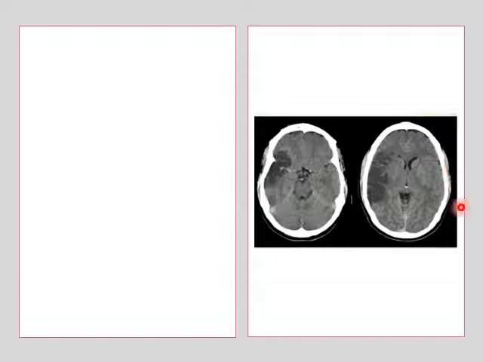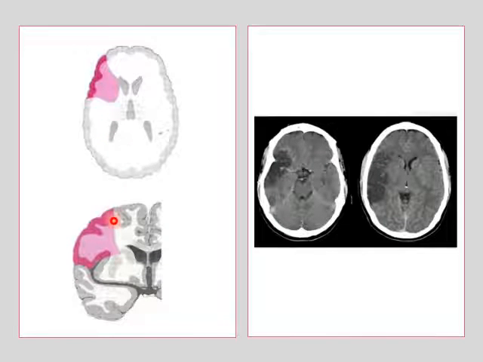Okay, this is another example. This is a transverse cut or axial cut of the CT brain showing a hypodense area in the right temporal lobe, in the territory of the upper division of the middle cerebral artery.